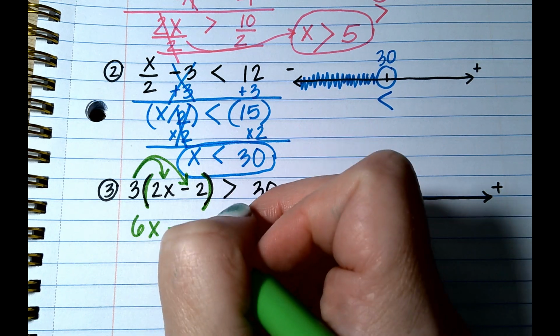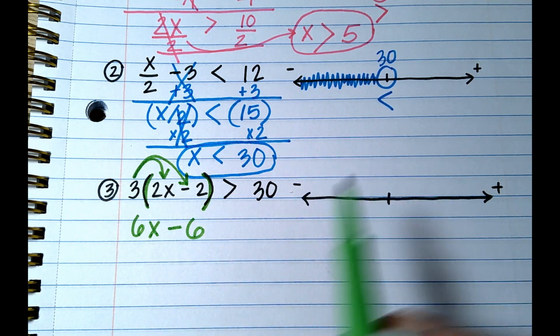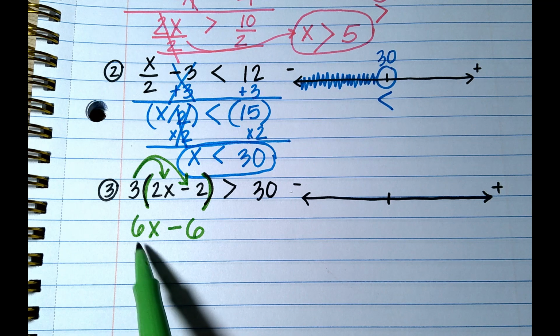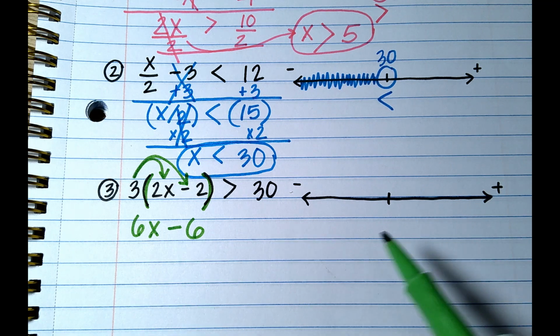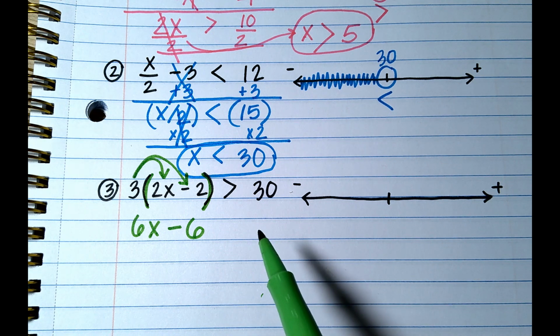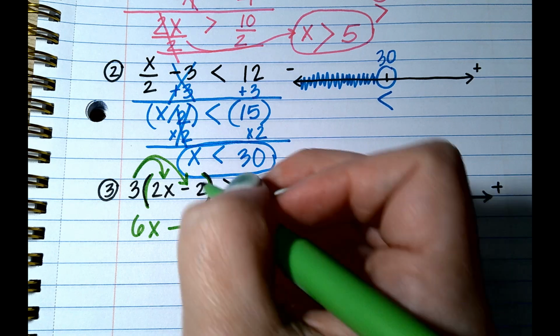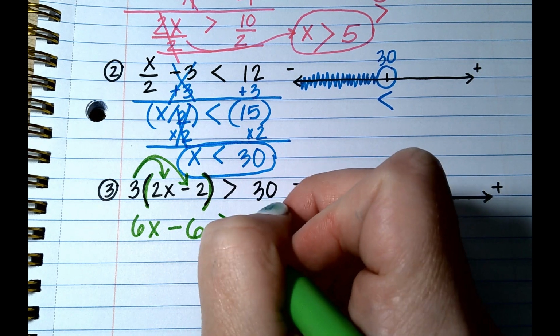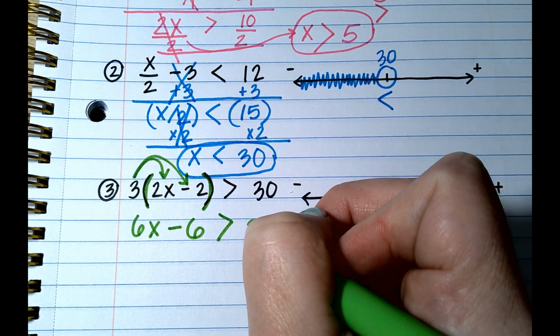Yes, minus 6. Good catch. No x there. So now we have 6x minus 6. And what do I need to also do? Yes, let's bring everything else down. Greater than 30.